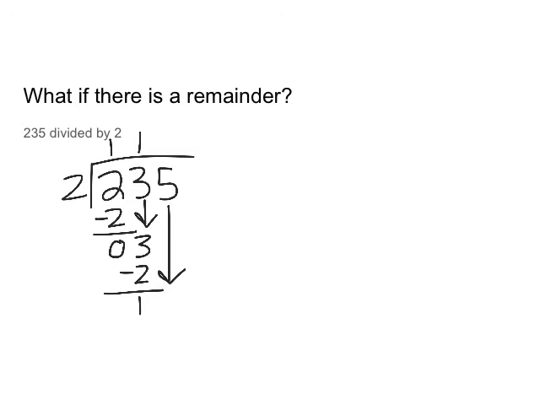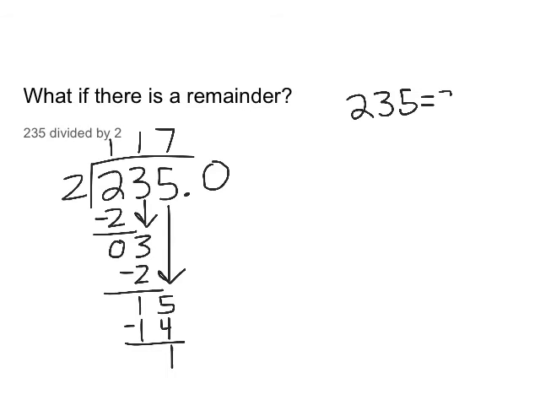We bring down our 5, and now 2 goes into 15 7 times, because 2 times 7 is 14. I subtract, I have a 1, but there's no more digits to bring down. Well, what I'm going to do is put in a decimal and a 0, because 235 is equivalent to 235.0.